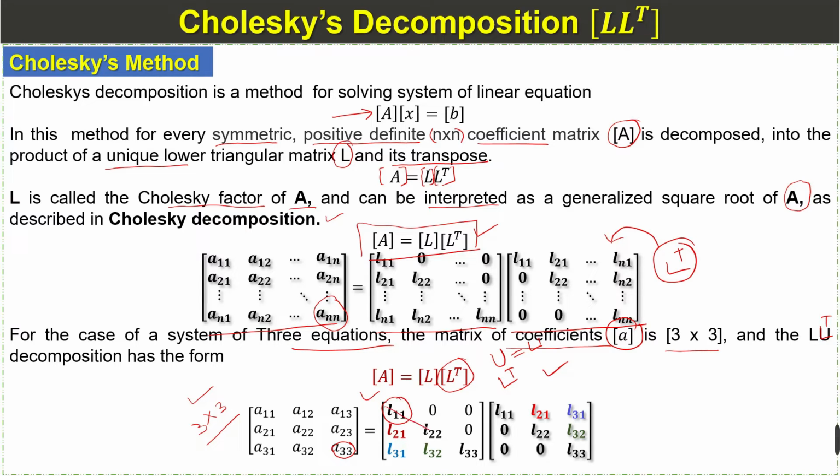The off diagonal elements in both are the same: L21, L31 and L32. So we will calculate only the off diagonal elements below the diagonal.